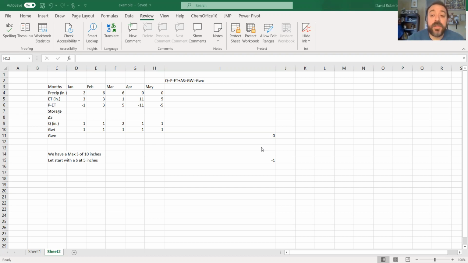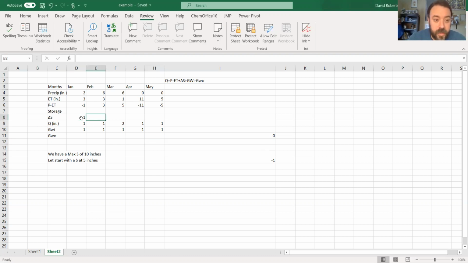We're going to start with 5 inches already inside the storage right here. We're going to go to our first month. We're going to get 2 inches of rain in the form of precipitation, and we're going to get 3 inches of potential evapotranspiration. When we subtract those from each other, we get -1, and we're going to get a change of storage as -1.